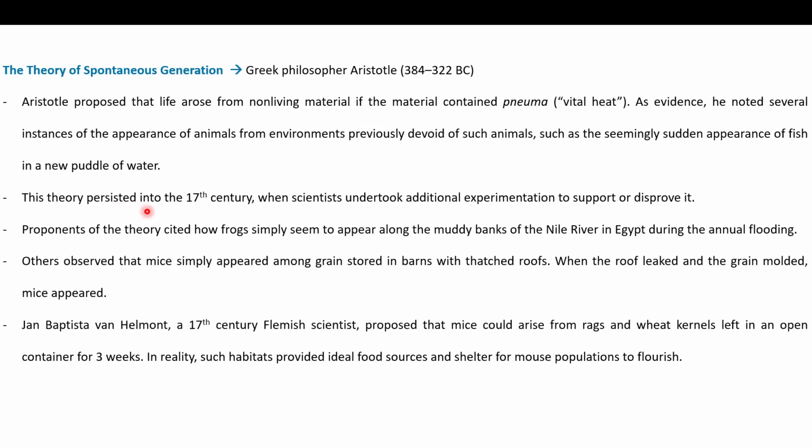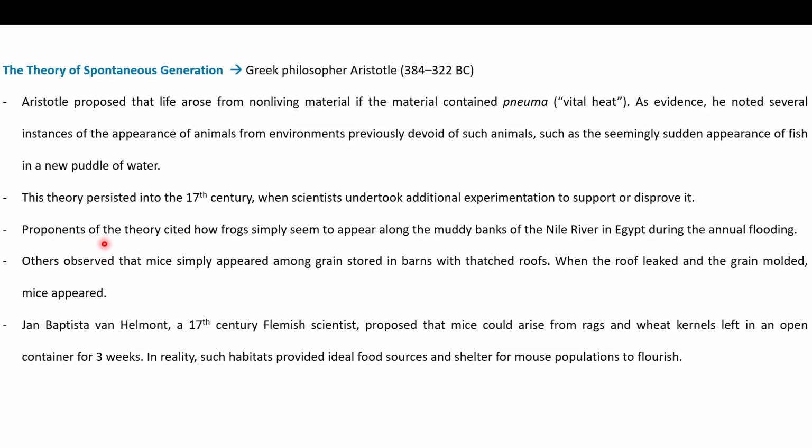Okay, so this theory actually persisted till the 17th century, when scientists and thinkers undertook additional experimentation, either to support and keep propagating this theory of spontaneous generation, or to eventually disprove it.